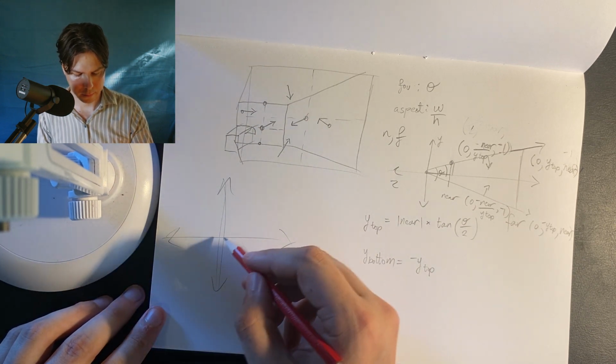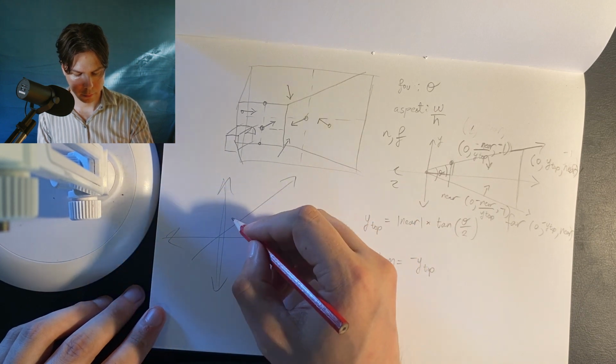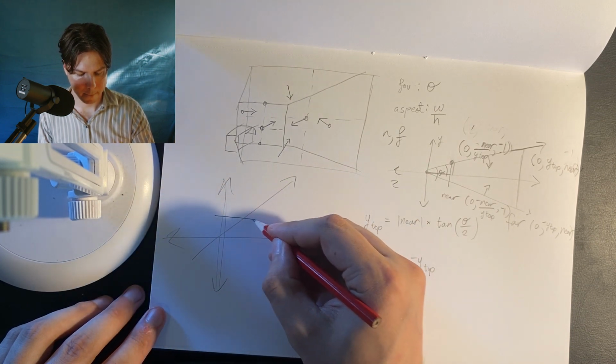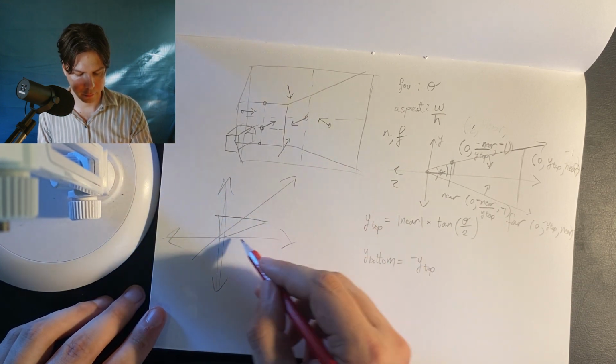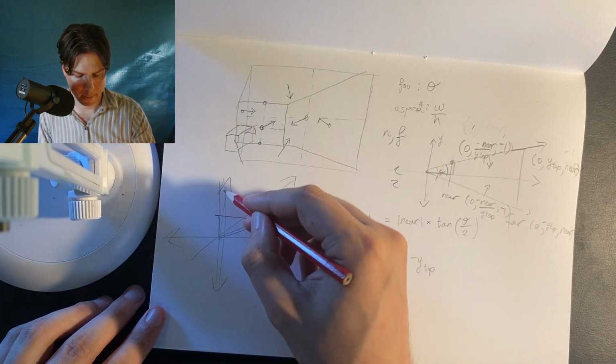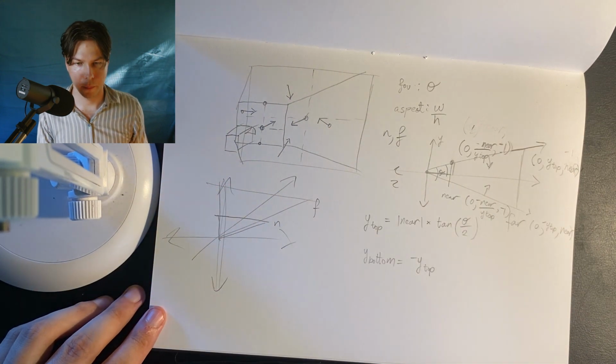Now in the x, we have our z, and we're spreading out like this between our near and our far.